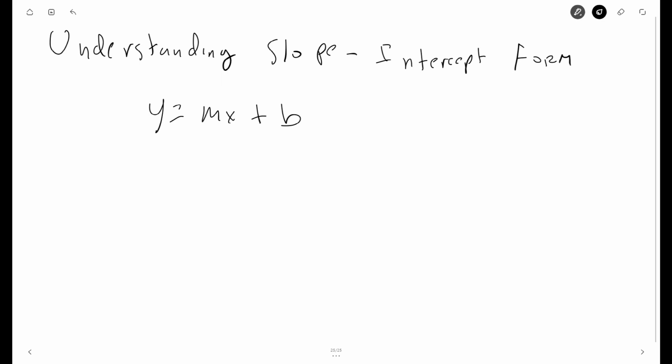So y is the dependent variable or the output of the equation. M is the slope of the line.